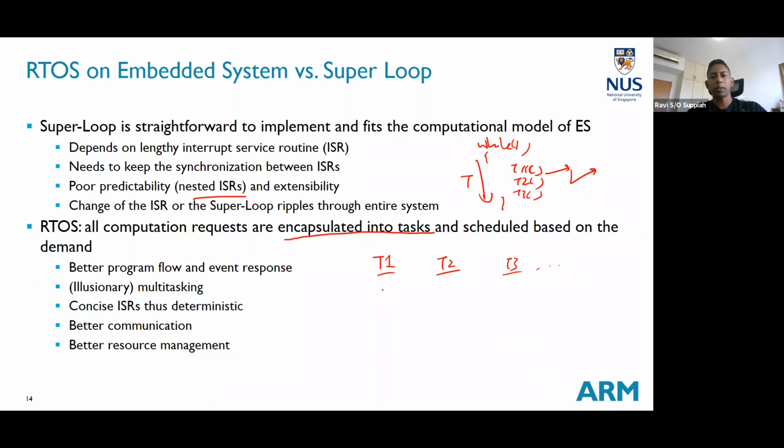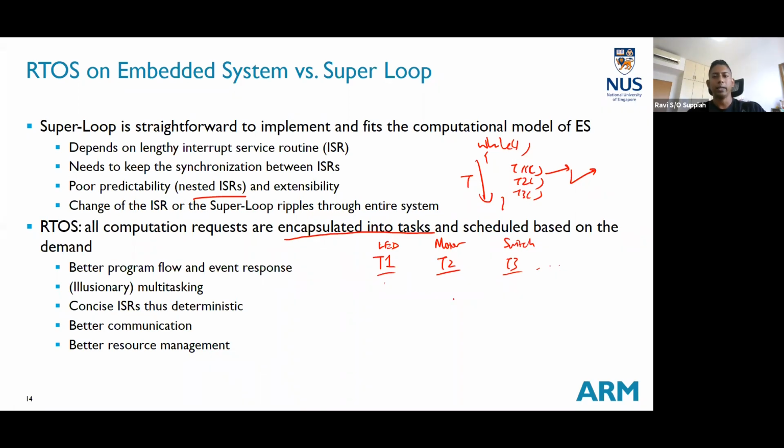For example, task 1 maybe for LED control, task 2 for motor control, task 3 for your switch interface and so on. So you can have multiple tasks for different functionality.